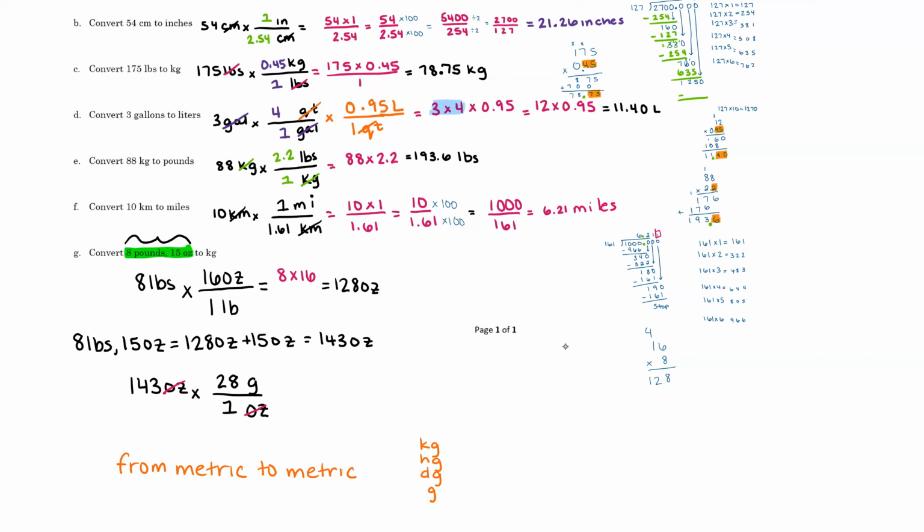So we want to go from grams up to kilograms, which means we're going to have to move our decimal 3 spaces. So let's do this math first, and then we'll move our decimal.